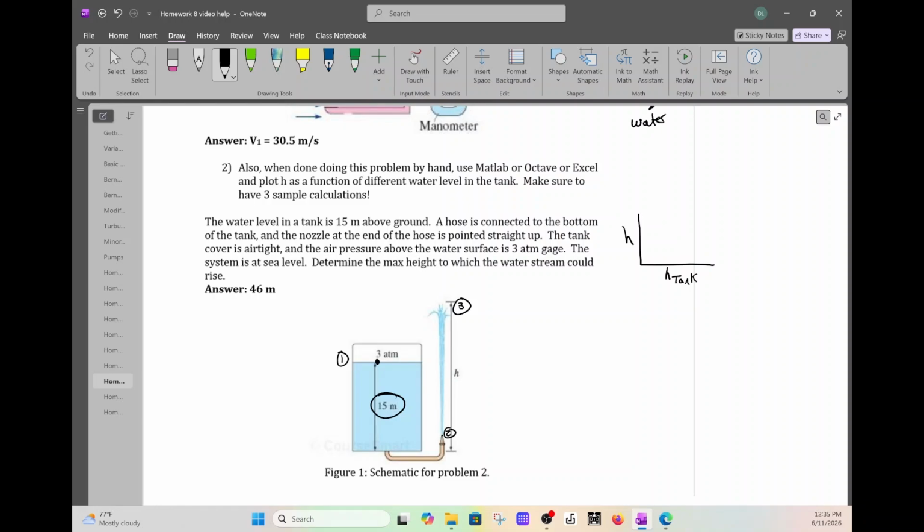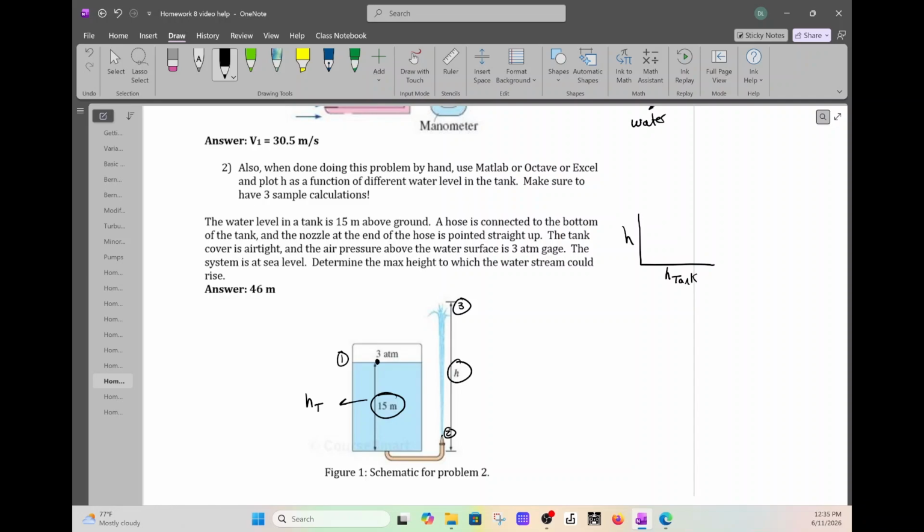And then what I would do is make an equation for H based on all of these. Don't plug numbers in till the very end, and you'll end up seeing how you can relate. I would call this HT, and you can then figure out how to make the plot.